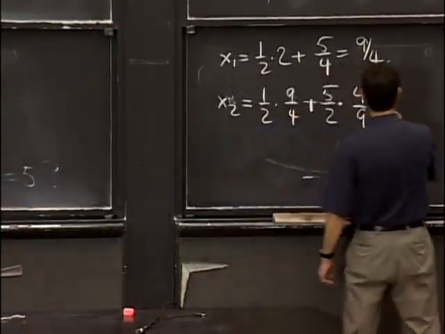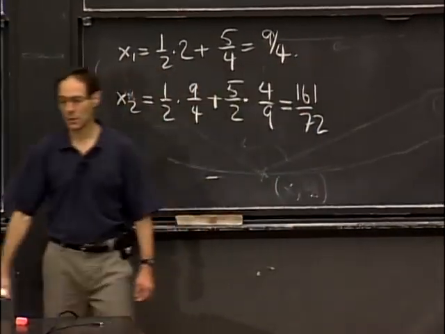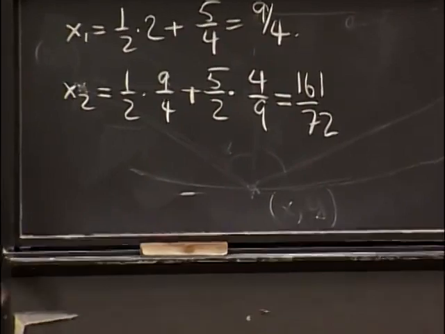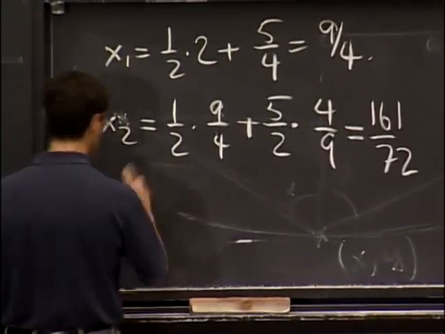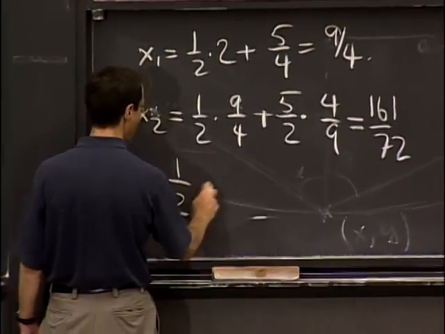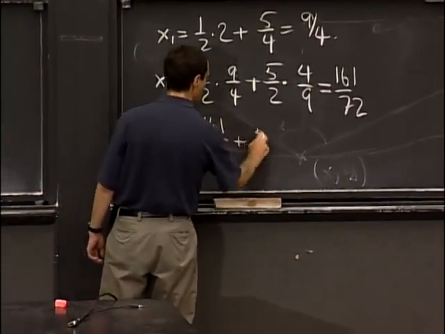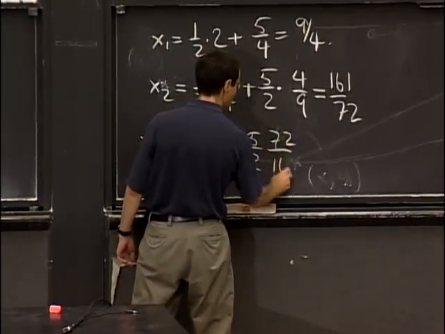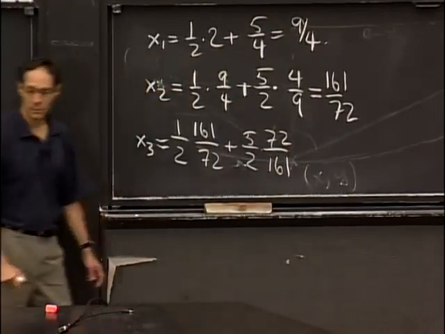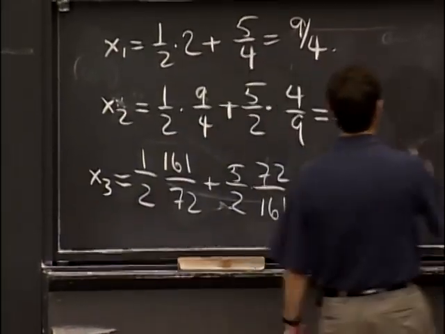And if you work this out, it's 161 over 72. And then x3 is kind of long, but I will just write down what it is so that you can see: it's a half of 161 over 72 plus 5 halves, and then I do the reciprocal of that, so 72 over 161. All right? So let's see how good these are.